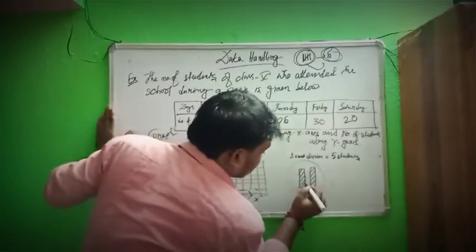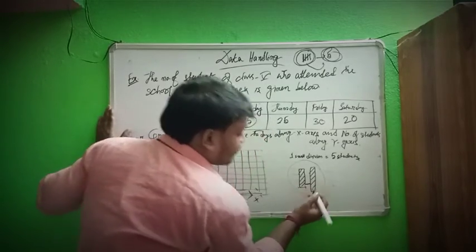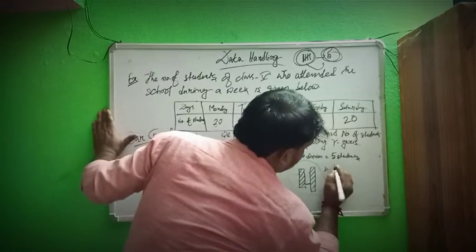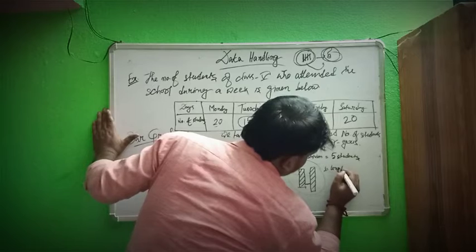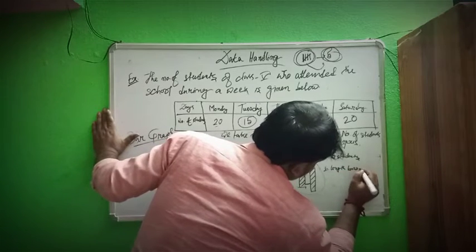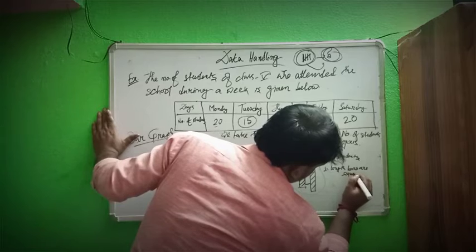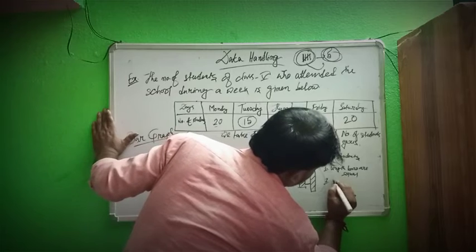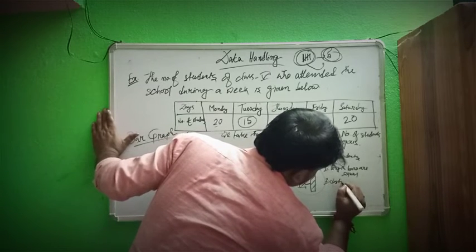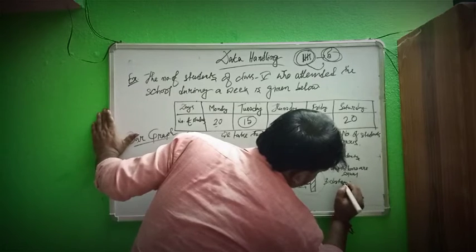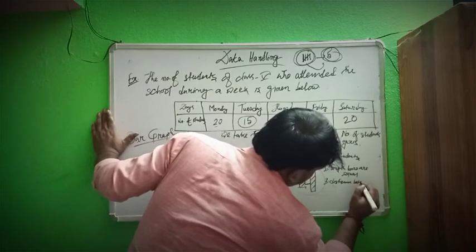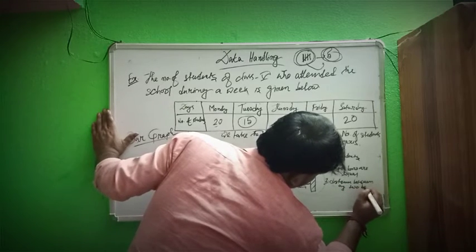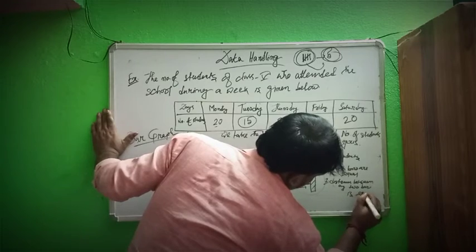Second condition: the distance between two bars is equal. So you need to keep in your mind that the lengths of the bars are equal, and the distance between any two bars is equal.